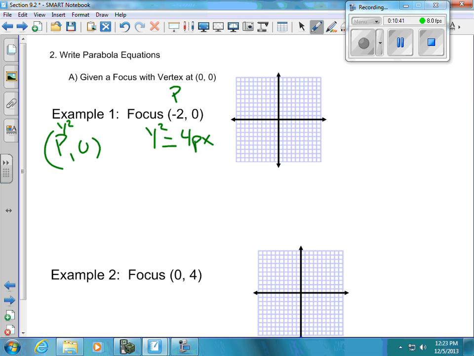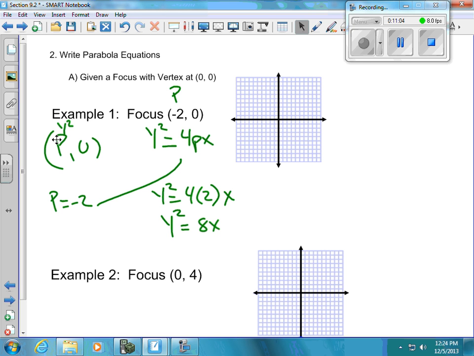So if p equals negative 2, then we can solve this and figure out what our equation is. 4px, so we just plug it in basically. We get y squared equals 4 times negative 2 x, or y squared equals negative 8x. I will let you guys do the one below.